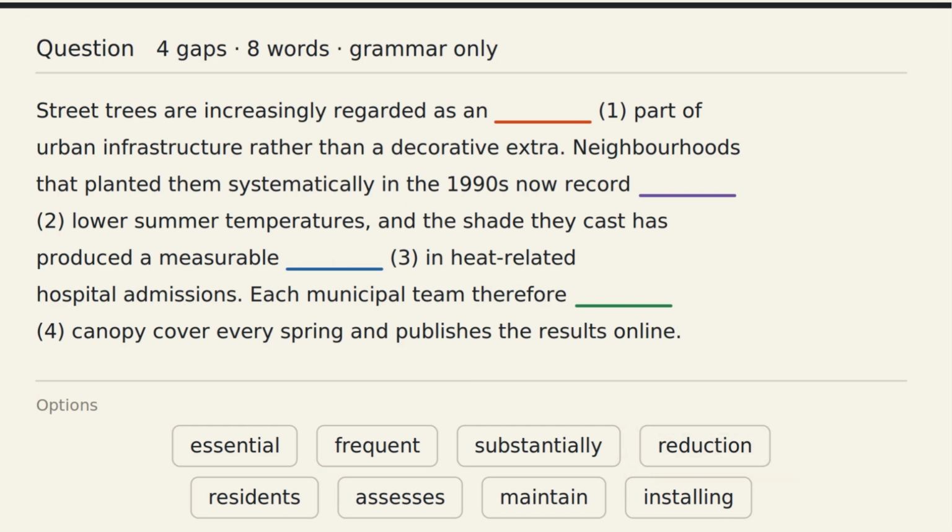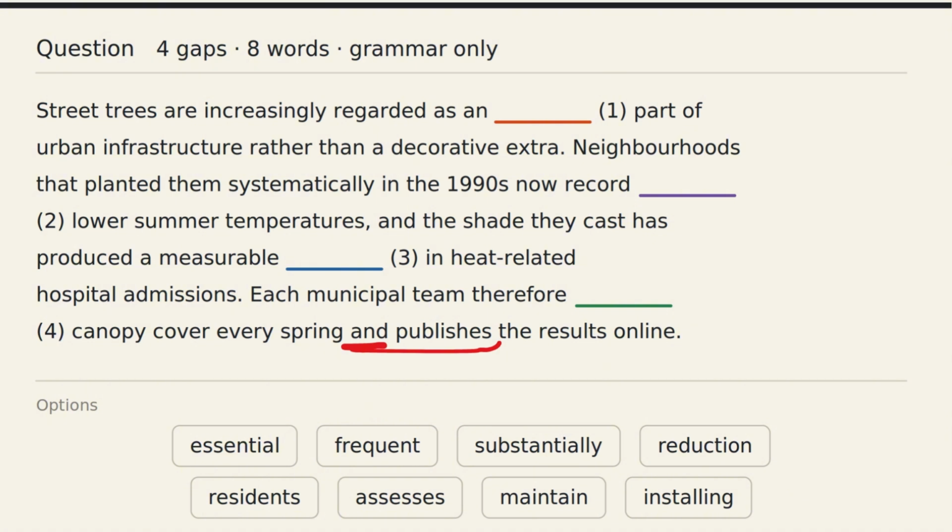And now the last one. In this sentence, who's the subject? Each municipal team, right? Where's the main verb? There isn't one, right? So we need a verb. Now look at the end. Gap and publishes. There's our and. Look across it. Publishes. So the gap needs the same form.